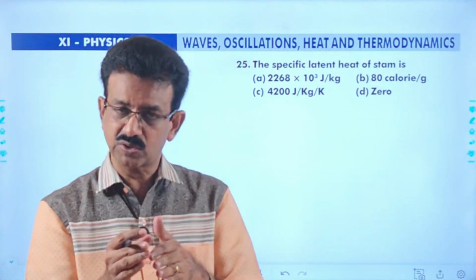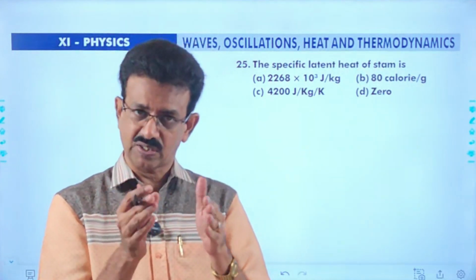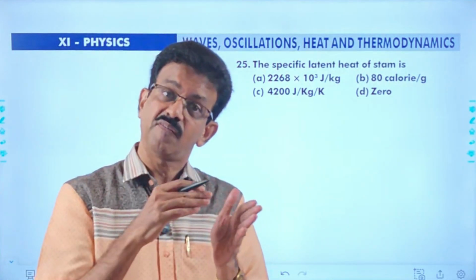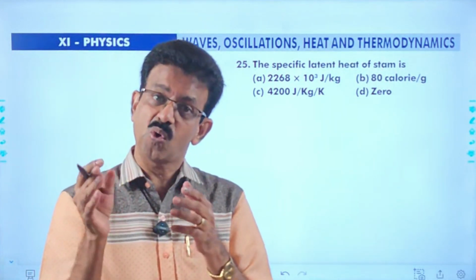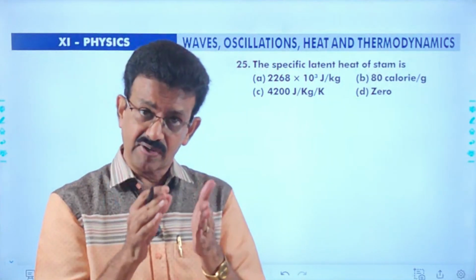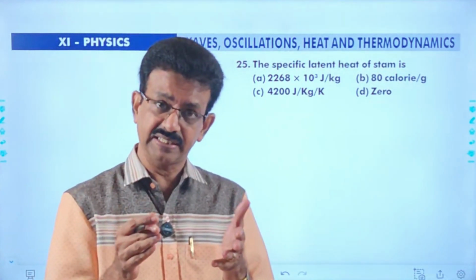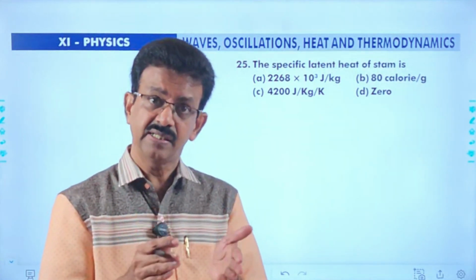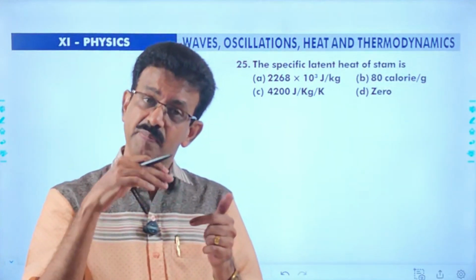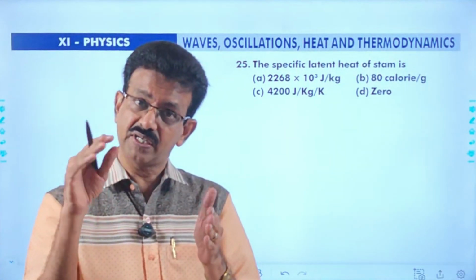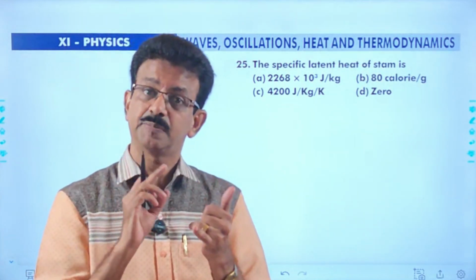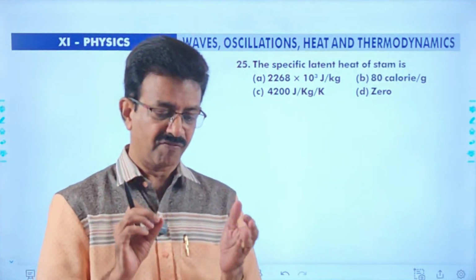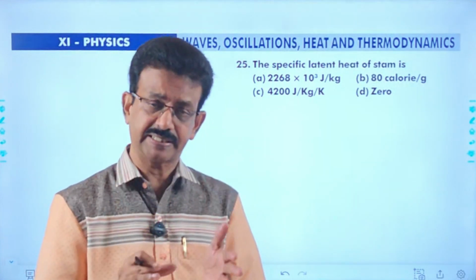Examples: melting of ice, freezing of water to ice, vaporization or condensation. Under atmospheric conditions at 100 degrees Celsius, water boils and, at the same temperature, is converted to steam. Then there is specific latent heat of fusion or vaporization.